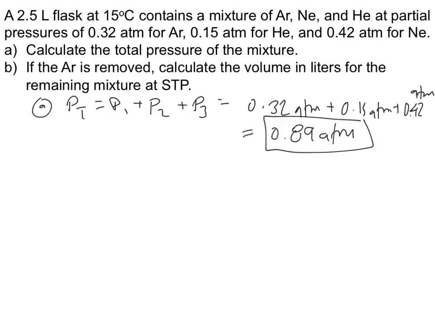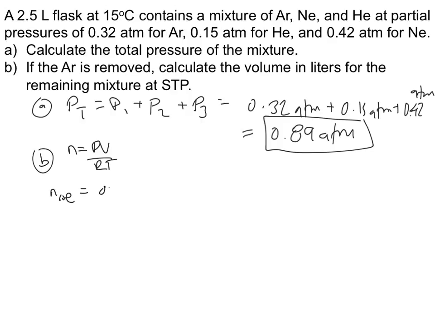Because they tell us that we are going to remove the argon, we are going to skip the mole calculation for the argon because it's no longer present in our container. Instead, we're going to use the ideal gas equation, solved for the number of moles, and utilize our values for helium and neon to calculate the number of moles present in each.